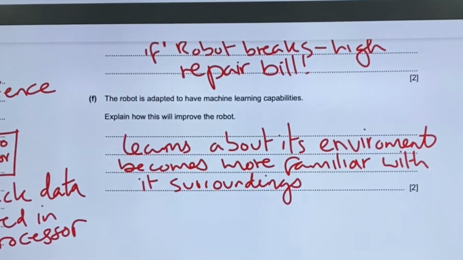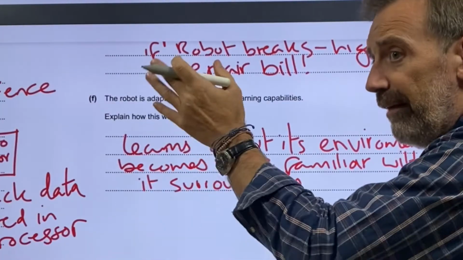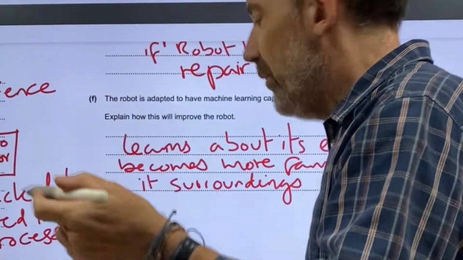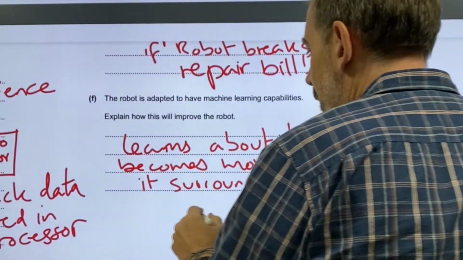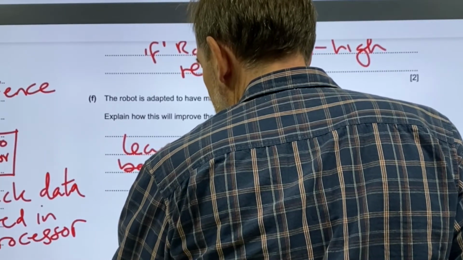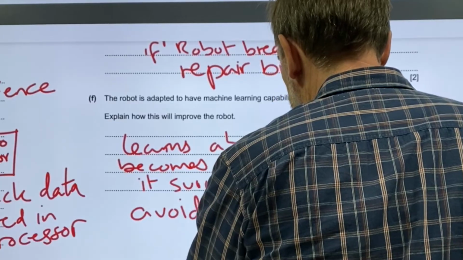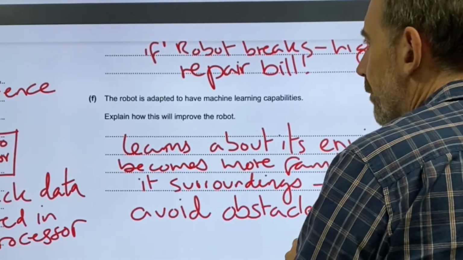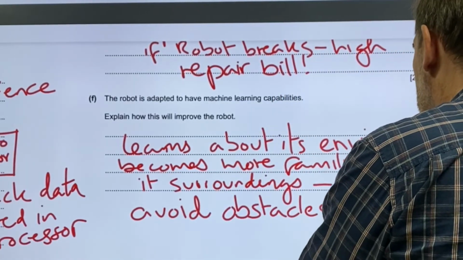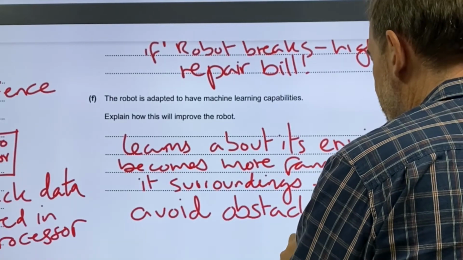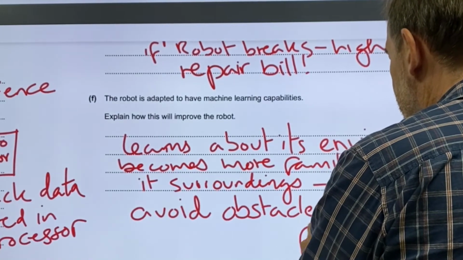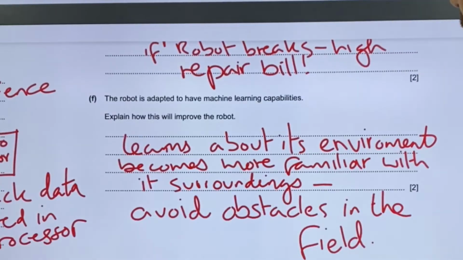So any hazards, any problems, it will navigate, it will negotiate. But you could mention sort of avoid obstacles in the field. Okay, I think that only gets 2 marks.